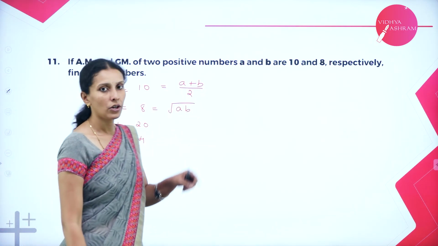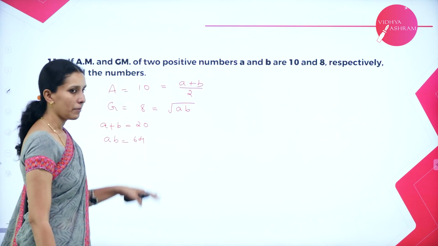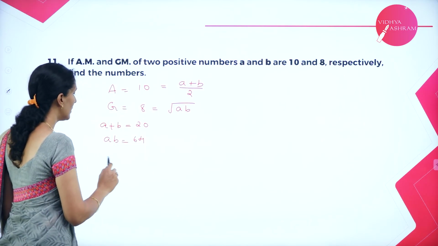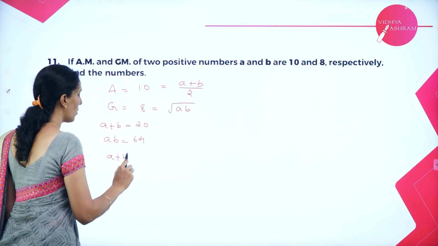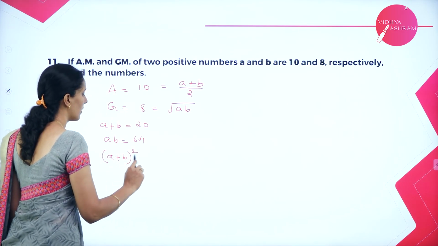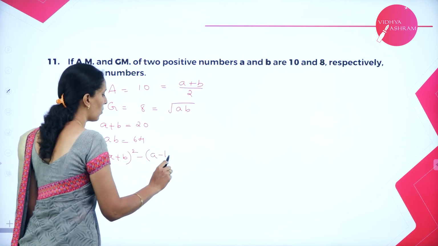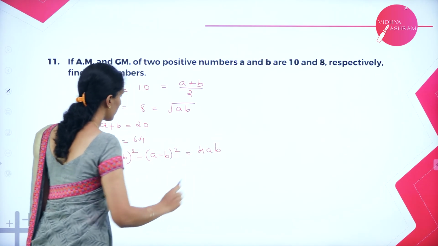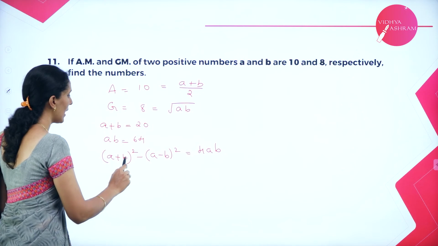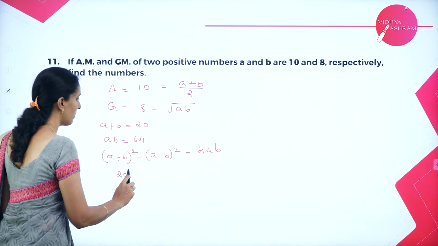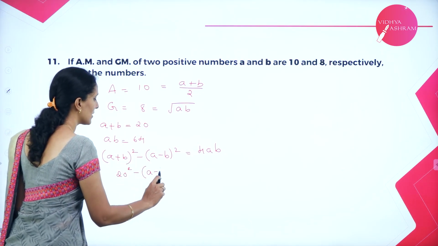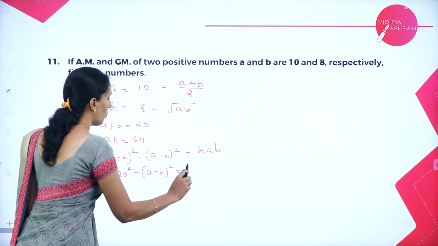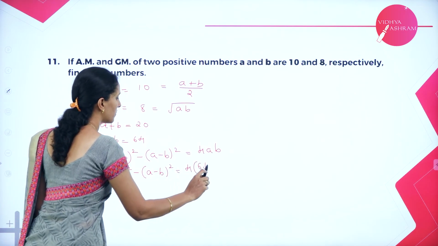Now I need to find out the value of A and B. So we know the formula: A plus B whole square minus A minus B whole square is equal to 4AB. Using this formula, A plus B is 20, square. I don't know A minus B. 4 into 64 is 256.